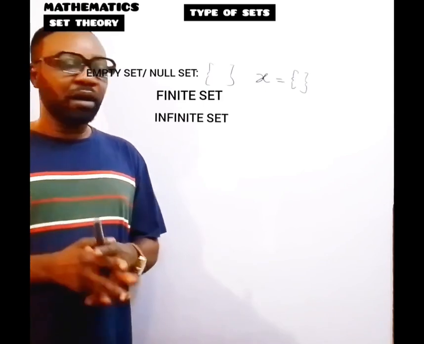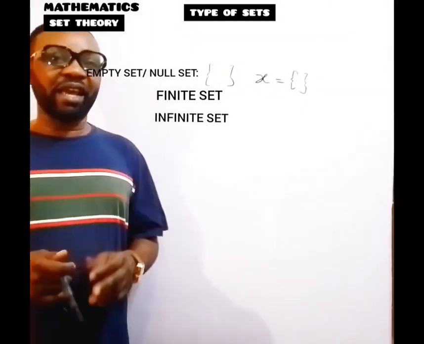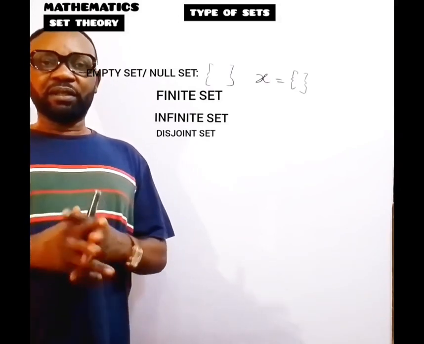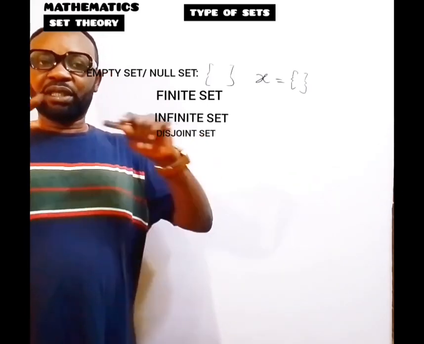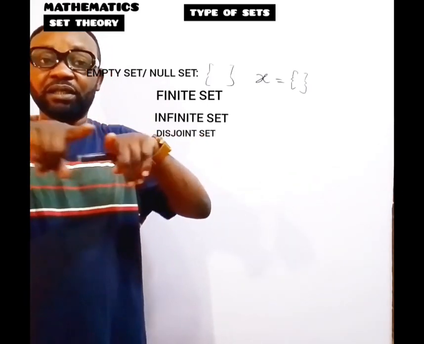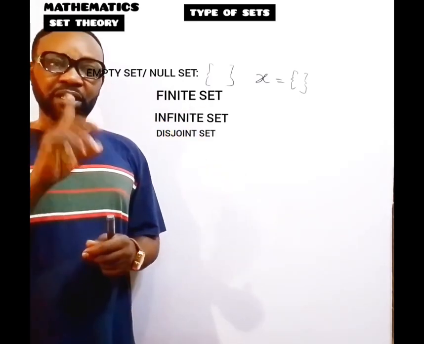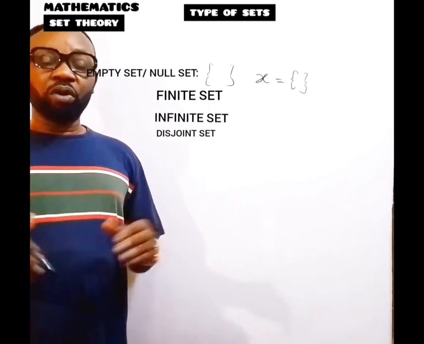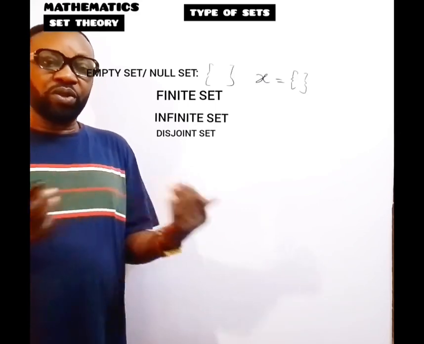Another type of set is called the disjoint set. What is meant by a disjoint set? As the name implies, disjoint, they do not have anything that links them together. They are separated. These are sets that do not have anything in common with one another. A disjoint set is given between two sets.